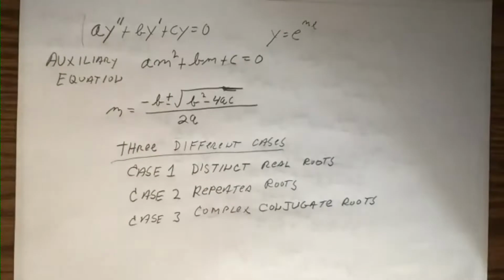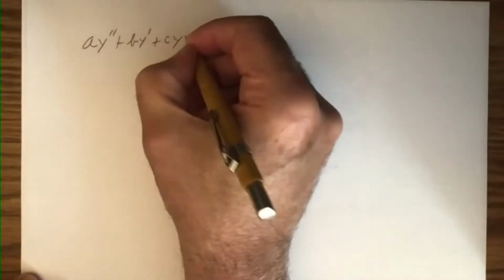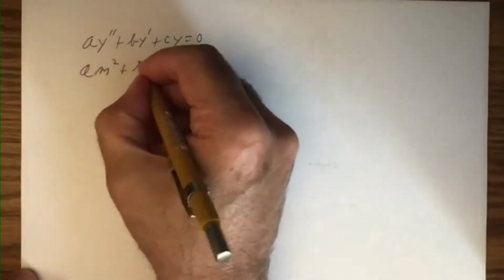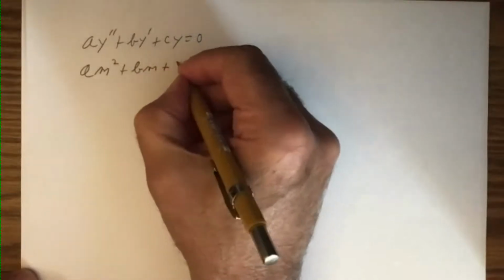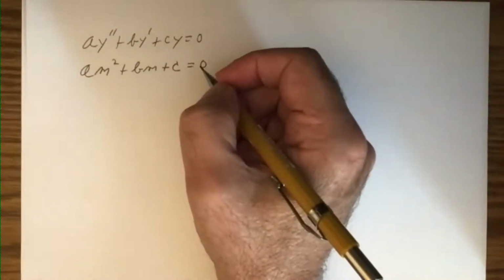So let's see what I got here. Here's how this works. I'll copy it again: y double prime plus b y prime plus c y equals 0.